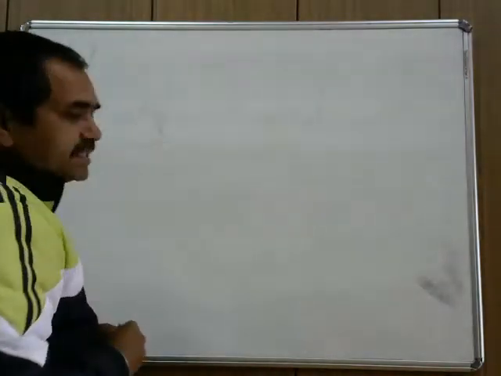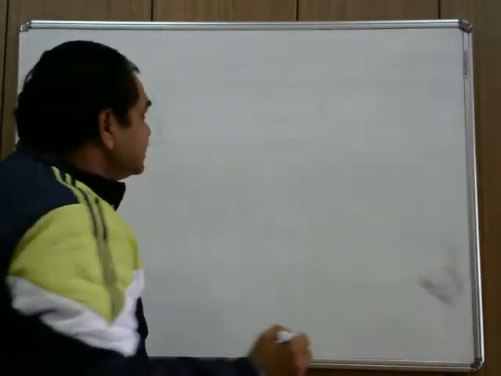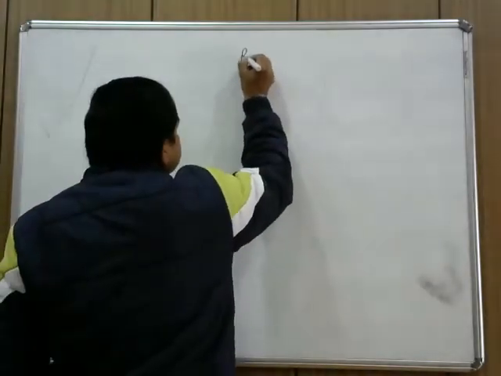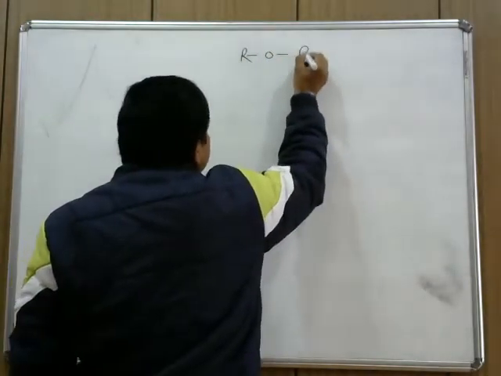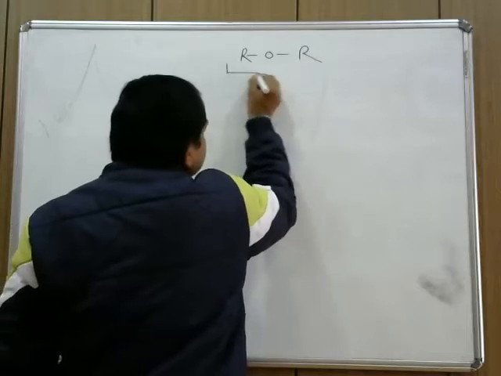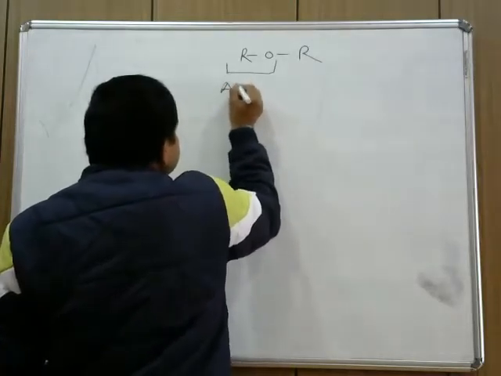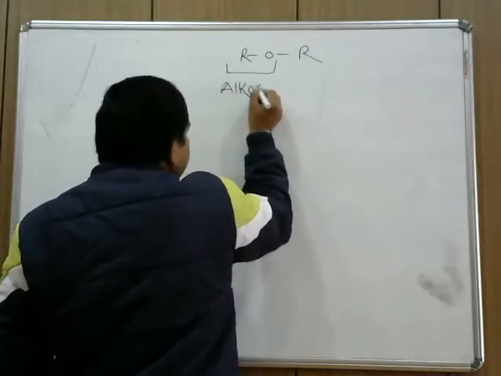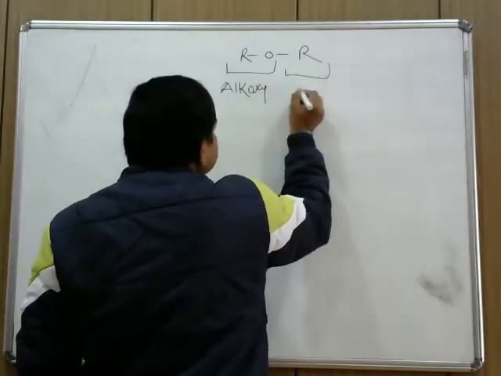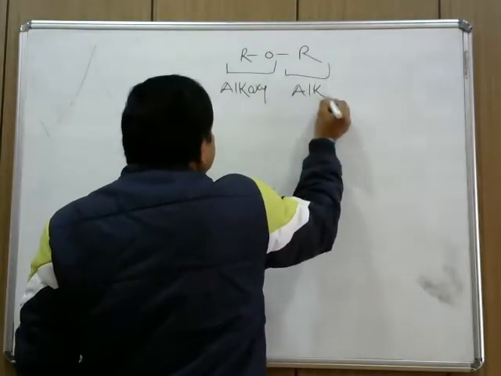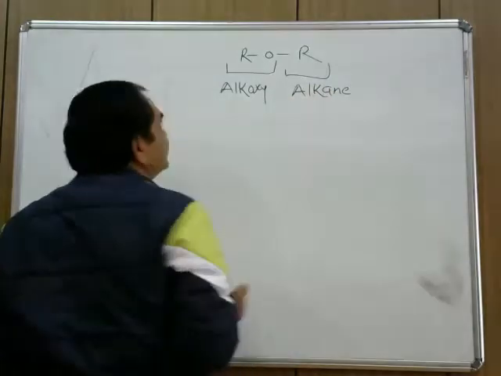In the IUPAC system, ethers are named as ROR', alkoxy alkane.